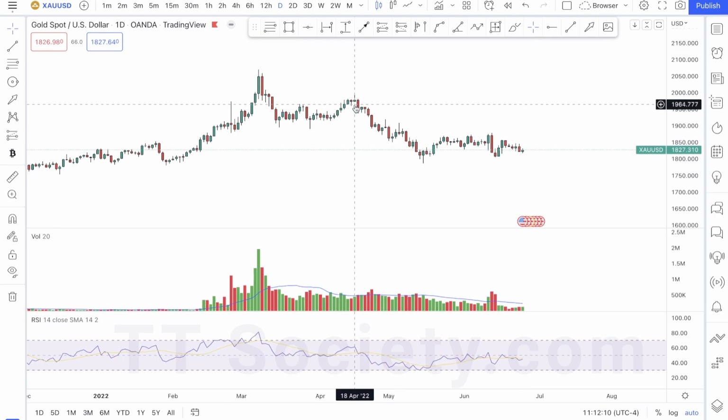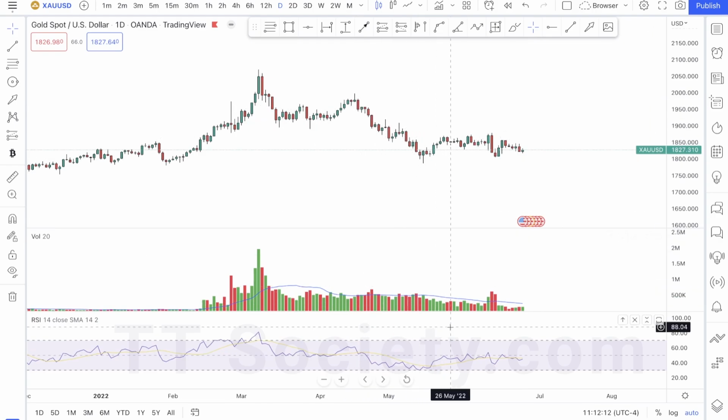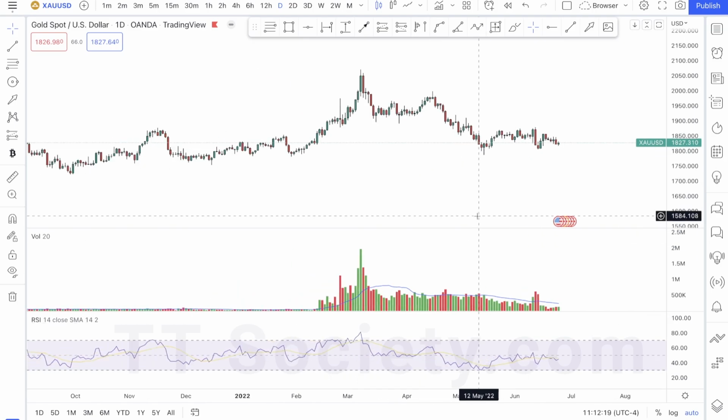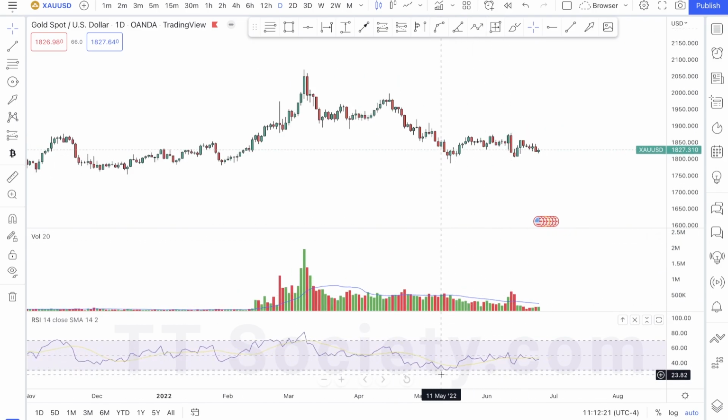The price starts to move down and the RSI is moving close to below 30, which is usually a good indicator that we are in oversold territory. The price starts to consolidate to range, and so does the RSI.